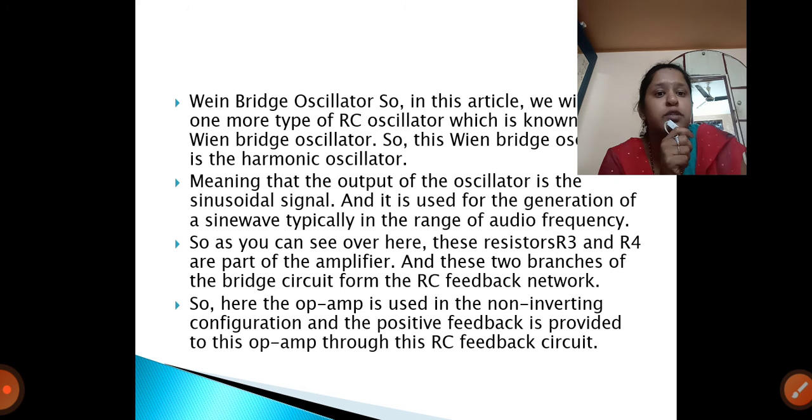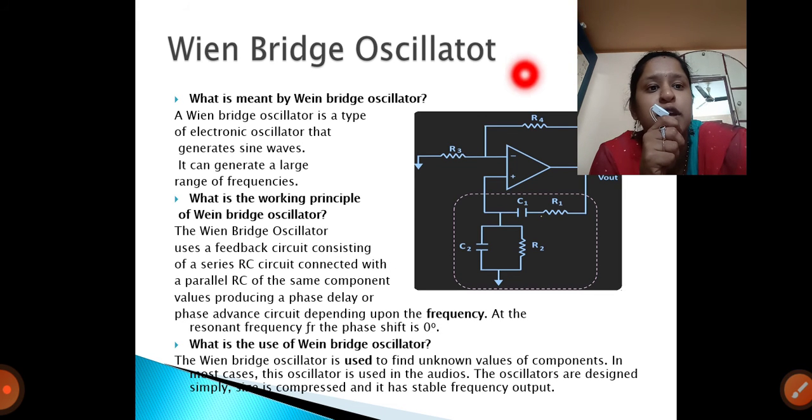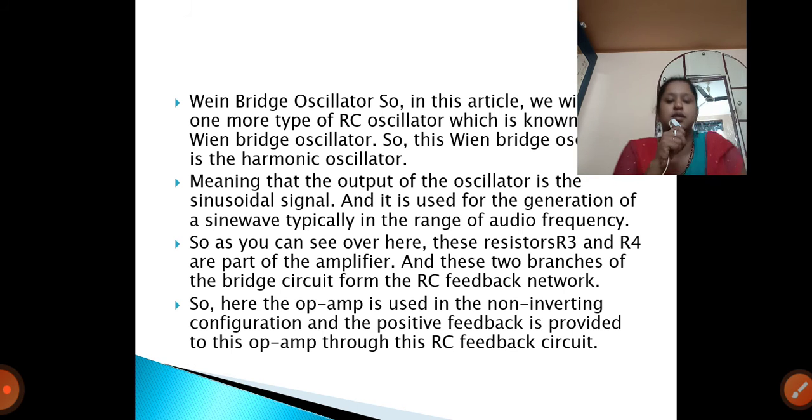As you see here, resistors R3 and R4 are part of the amplifier. These two branches of the bridge circuit form the RC feedback network. This is a feedback network. That's why it is an amplifier circuit with a feedback circuit, right?